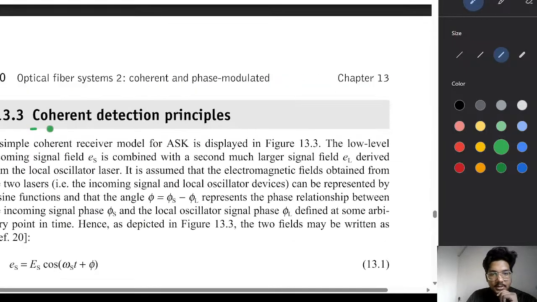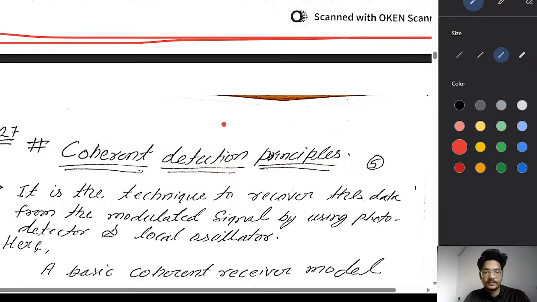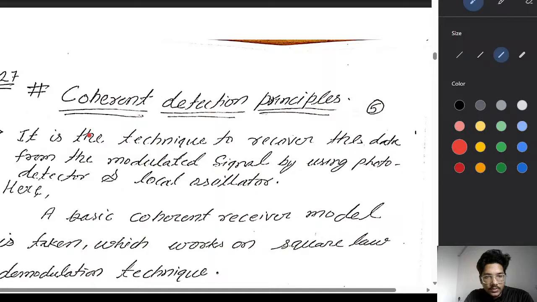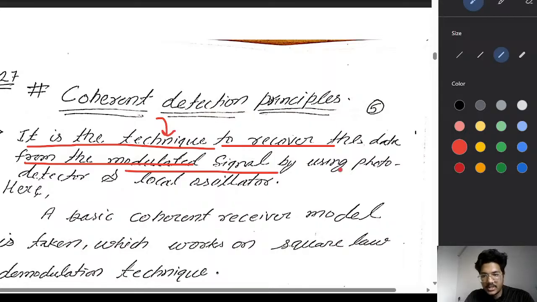Coherent detection is the technique to receive the data from the modulated signal by using a photodetector and local oscillator.